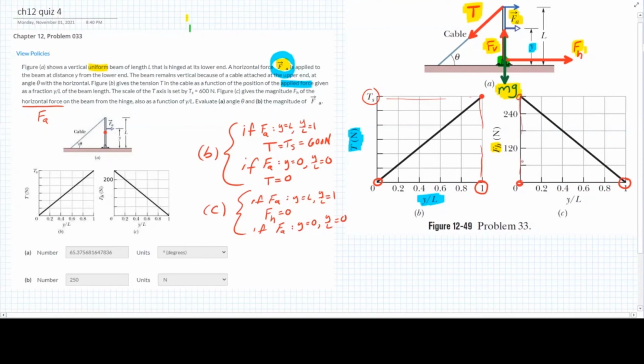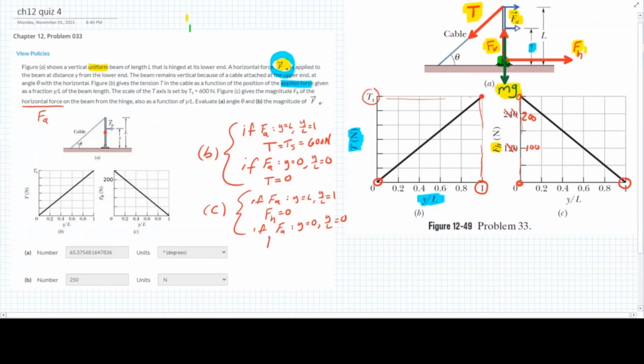F sub H equals 1, 2, 3, 4, 5. Except this isn't my graph here. Actually, I got to be careful. 600 was right, but for me, I needed to change these numbers. My numbers are, this was 200, this was 200, and then this would have been 100. So this is 250.